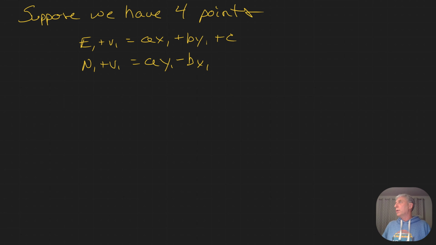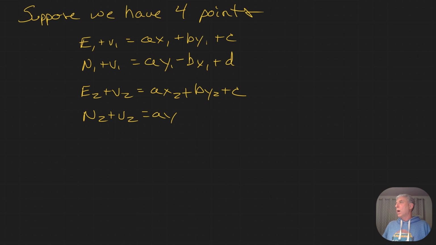B x sub 1 plus D, and then we'd have E sub 2 plus V sub 2 equals A x sub 2 plus B y sub 2 plus C, and E, or N. I'm not going to write all these out. And then N sub 2 plus V sub 2 equals A y sub 2 minus B x sub 2 plus D. And we would keep going.